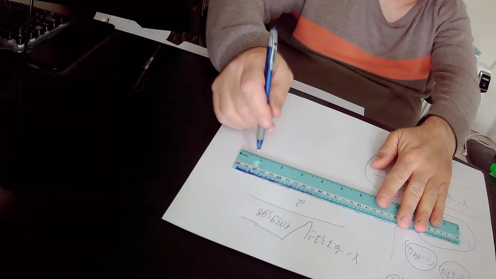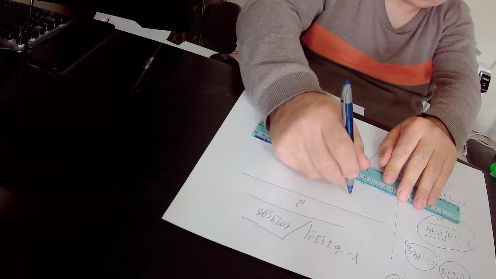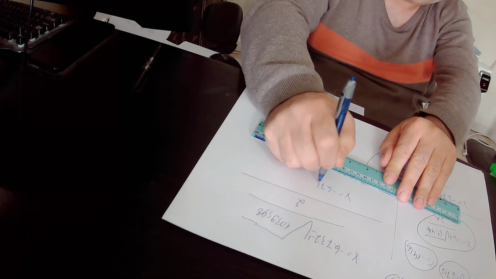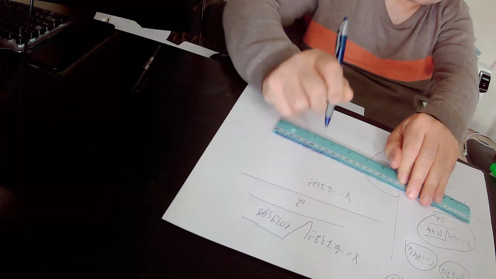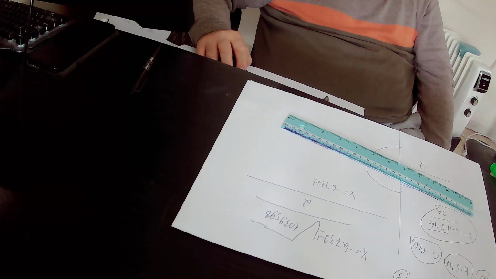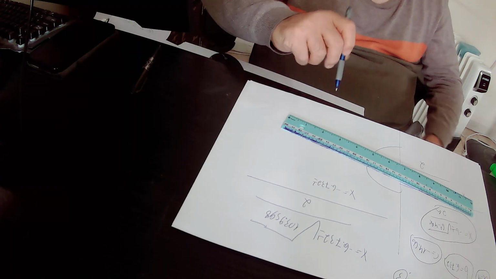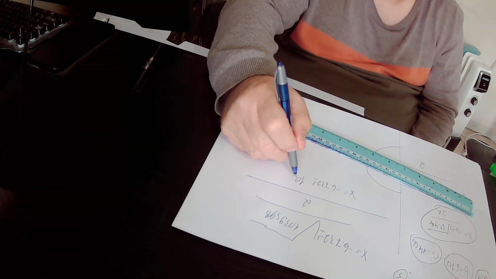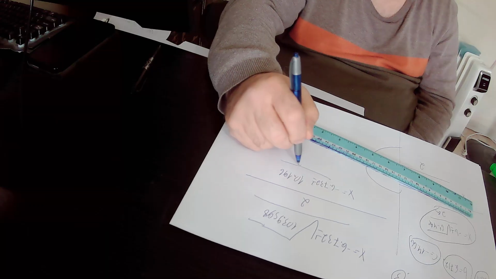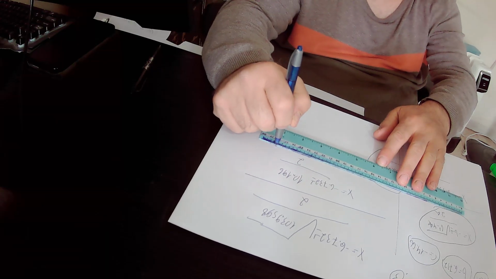So x equals minus 6.732 plus minus the square root of 103.9598, which equals 10.196, divided by 2.